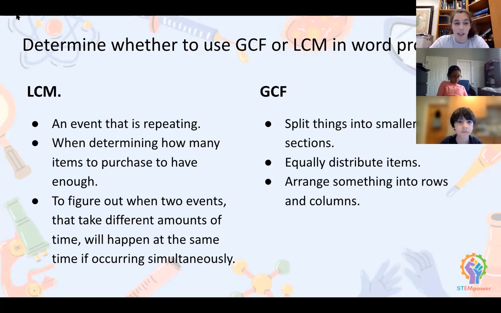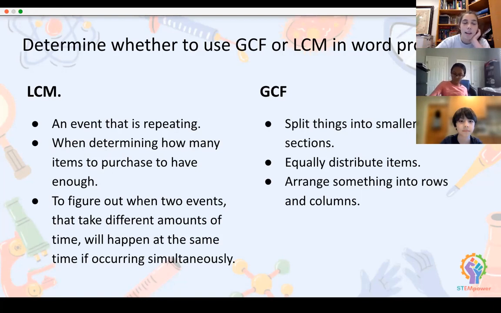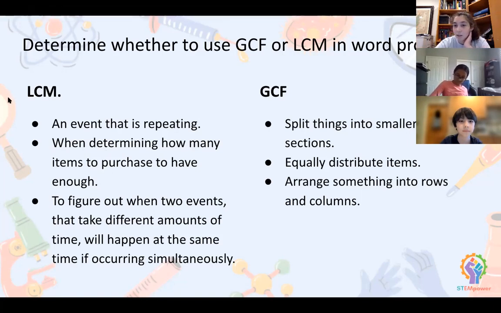Or there are this many people and they each need this many of something, of napkins. And then you are figuring out how many packs to buy in order to have enough for all of them.